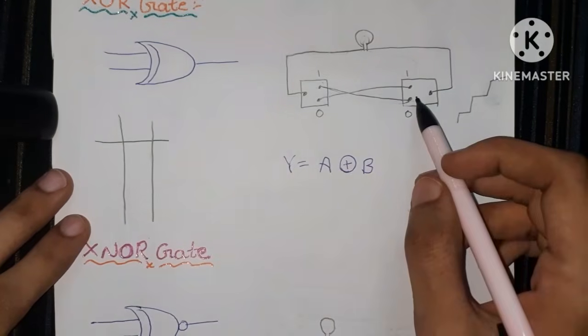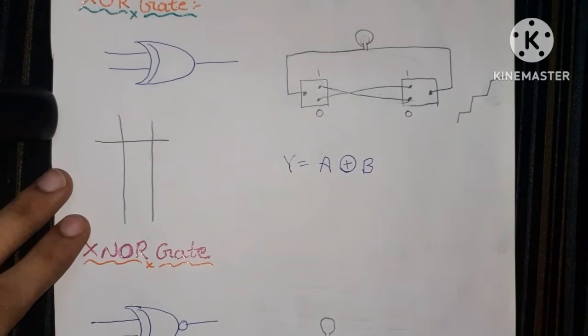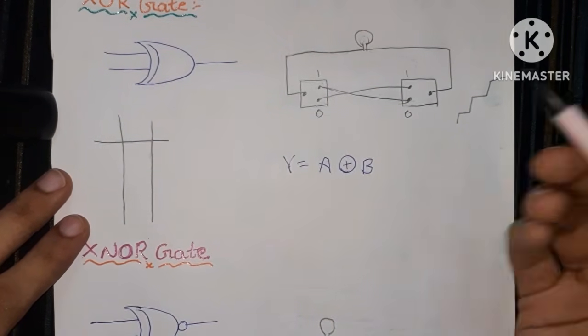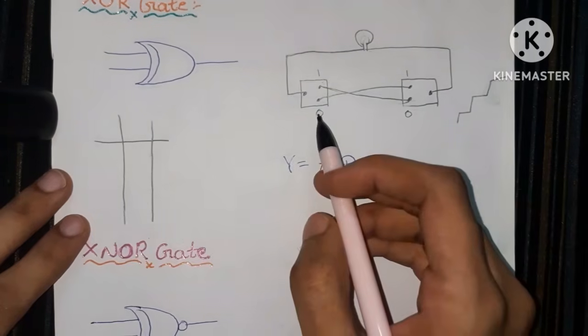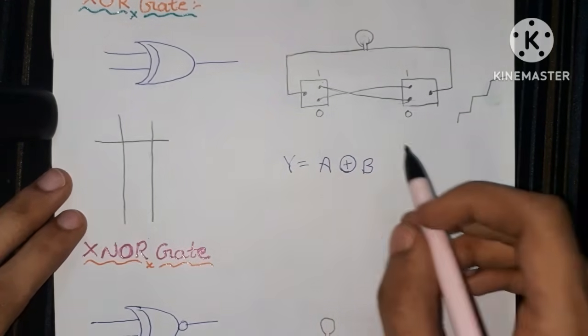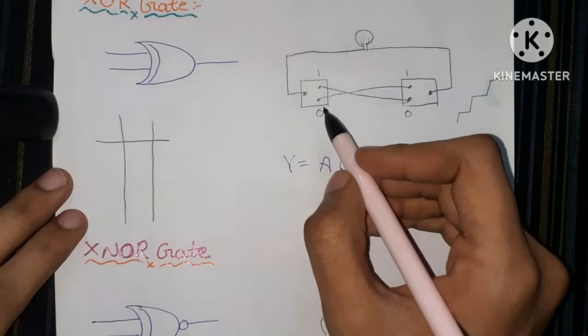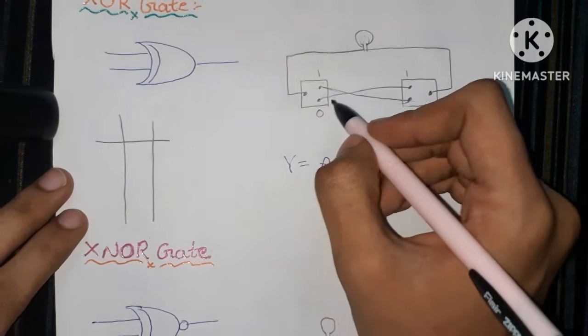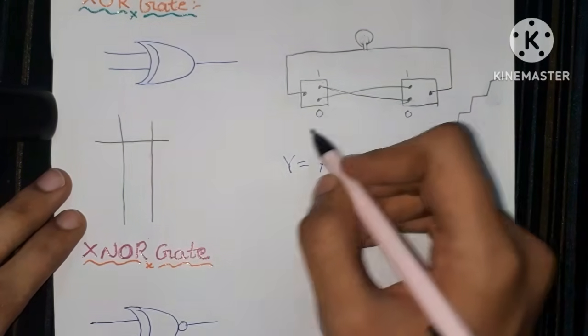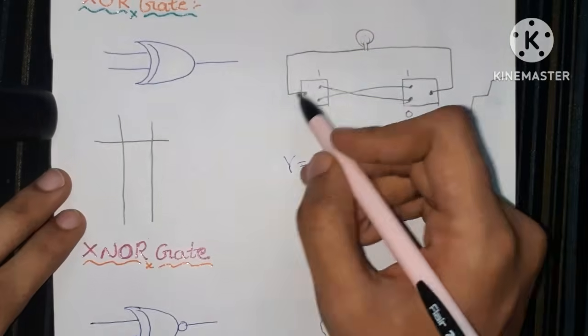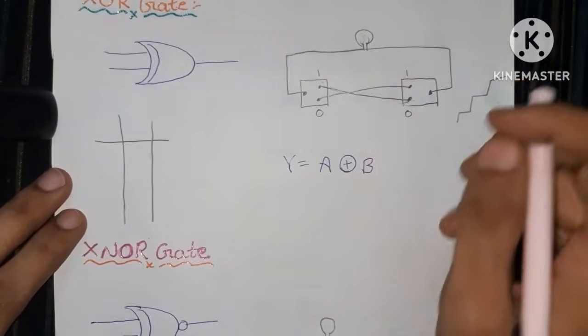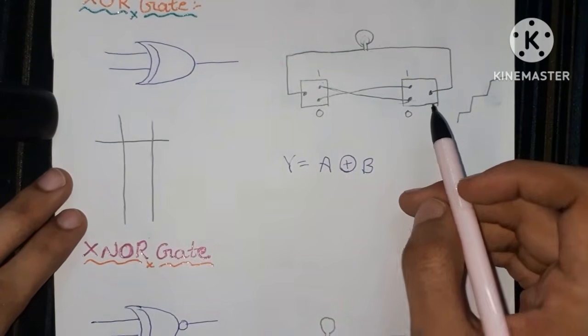This structure is popularly known as the staircase structure, the staircase digital structure. In this digital structure you can see that two wires are cross-linked, these two are switches, and there is one bulb.